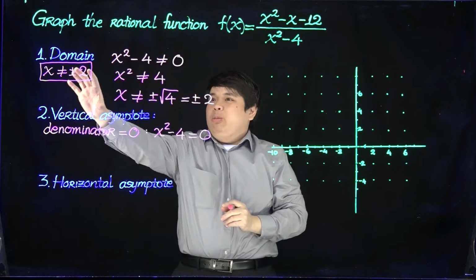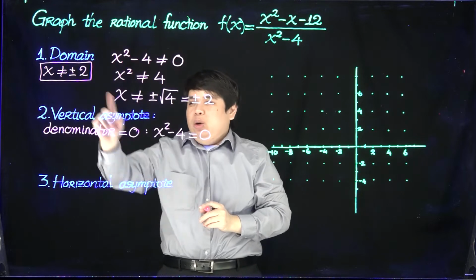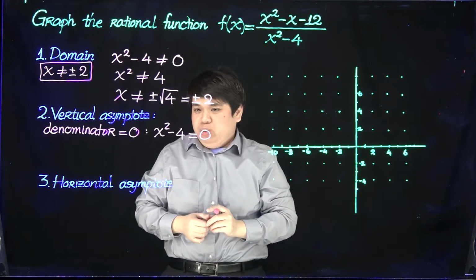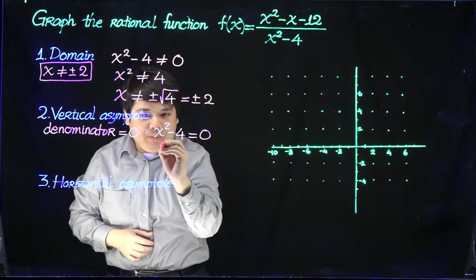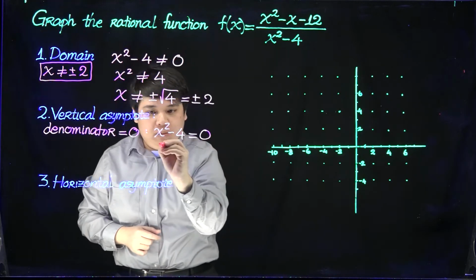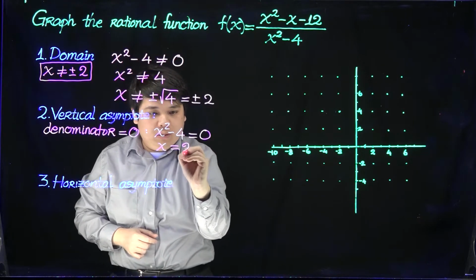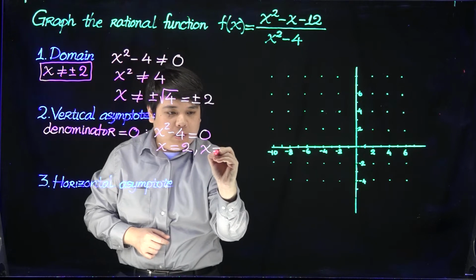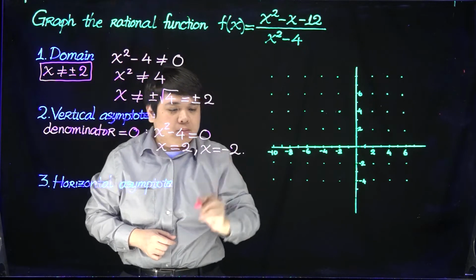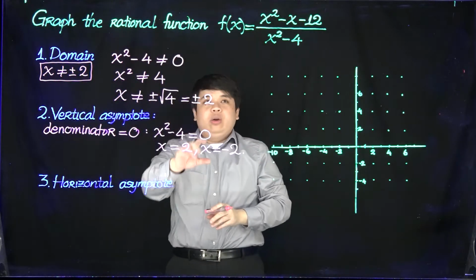And pretty much exactly like what we just did, we have x equal to 2 and x equal to -2.